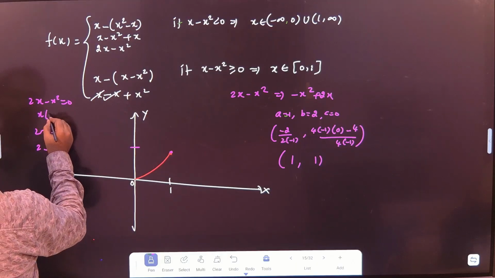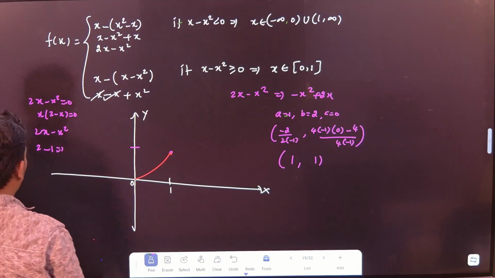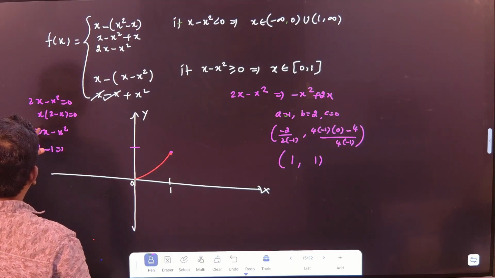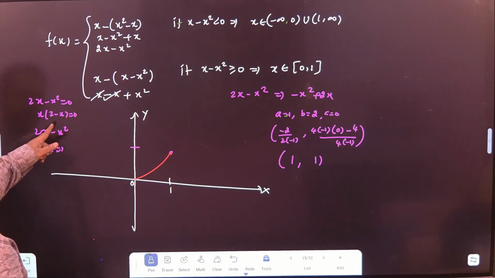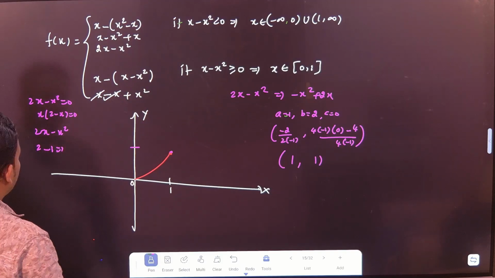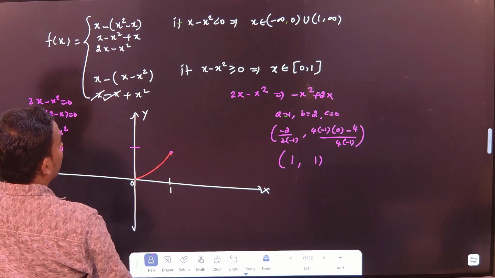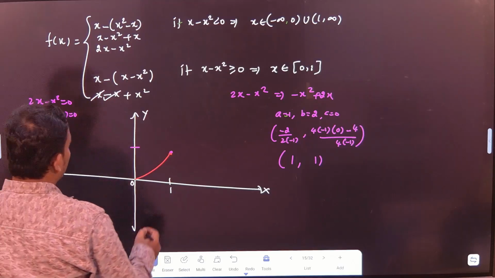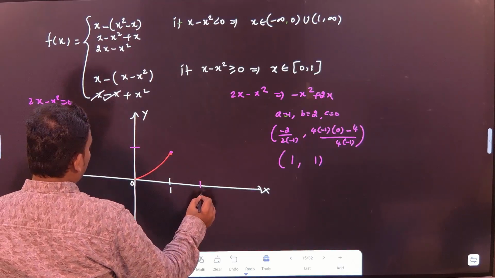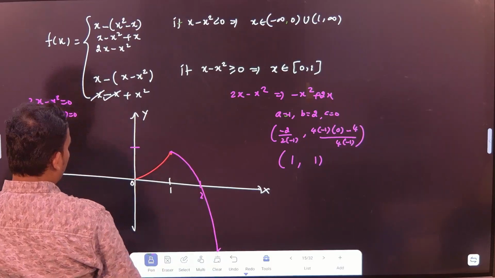So if you take x common, 2 minus x equal to 0, so x equal to 0 or x is equal to 2, right? 0 and 2. But you are not taking that 0 as input, then how do you get the output value? 0 and 2. The graph will be going like this, right?